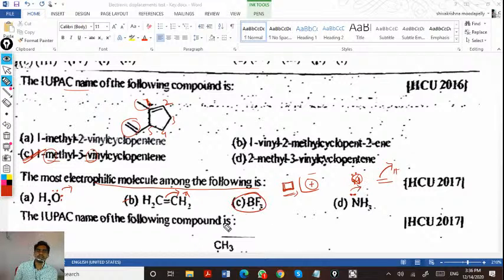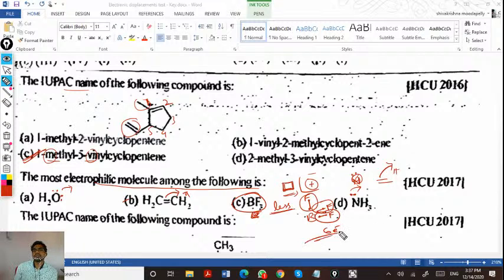So the one which is not a nucleophile is BF3. This has a deficiency from the octet, because boron is a third group element having 3 electrons. While forming the molecule with fluorine, it shares 1 electron with each fluorine, so the total electrons around boron are just 6.